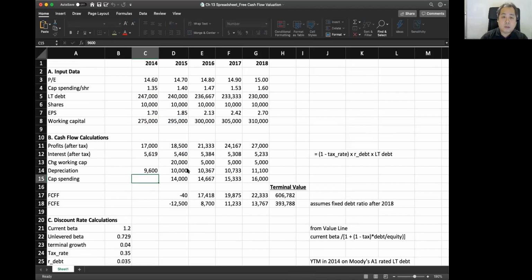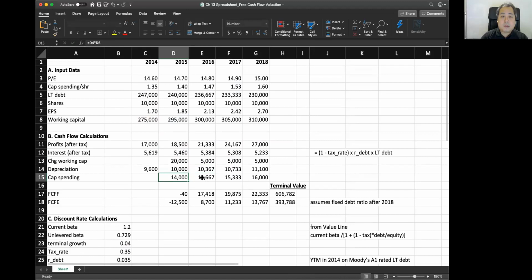Depreciation is given. Okay. And then this is capital spending. If you have these numbers, then you can estimate this is the free cash flow for the firm next year. So the profit, which is EBIT, all right, that's the EBIT, times 1 minus TC.